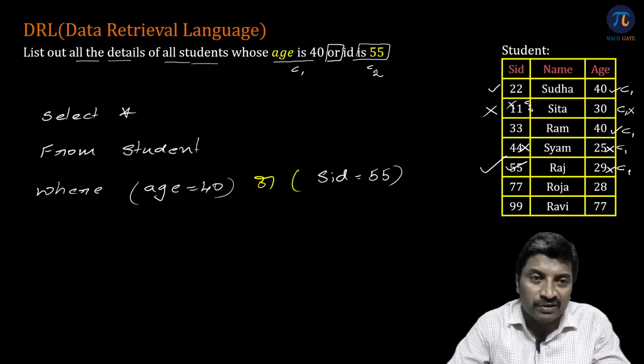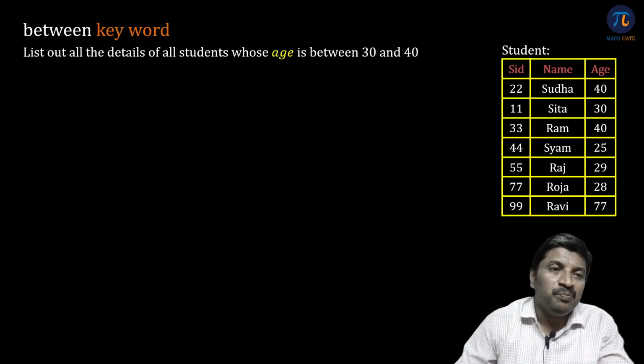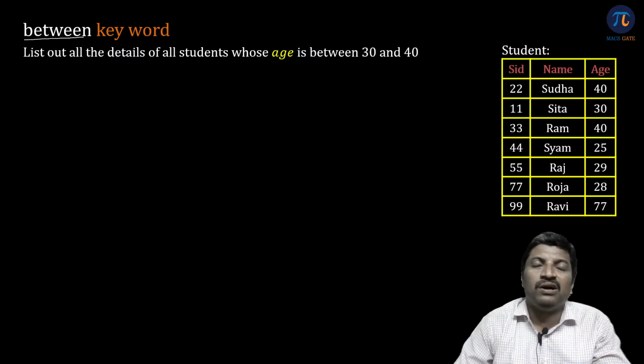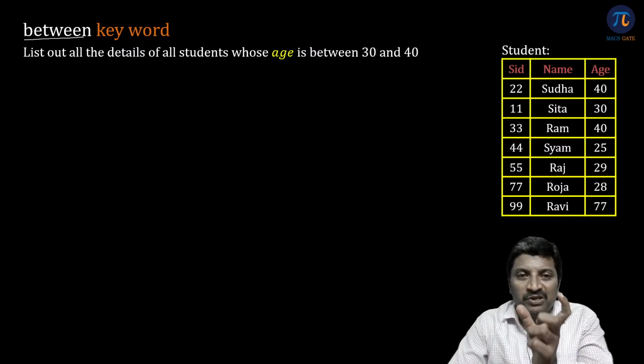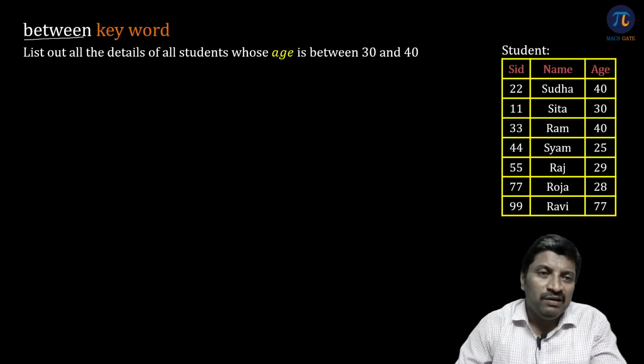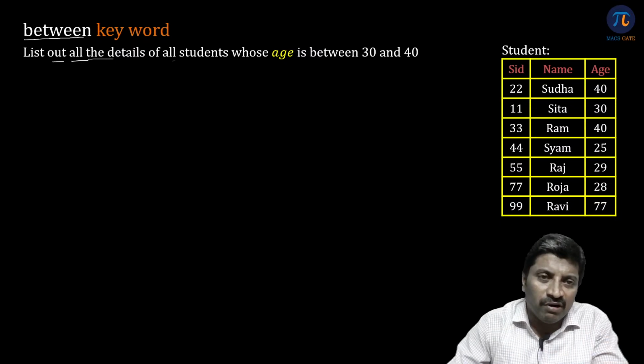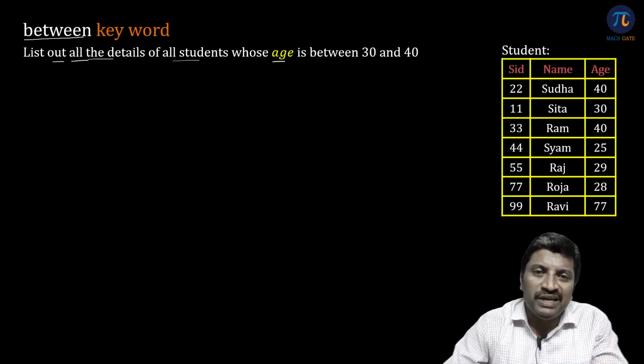Let us go to the next one. Between. When we use BETWEEN, suppose I want the records in a particular range. For example, list out all the details of all the students whose age is from 30 to 40.